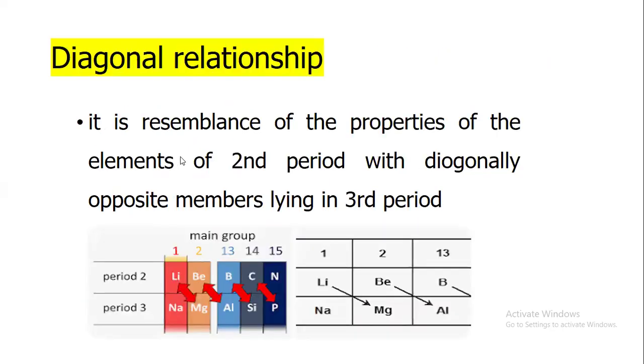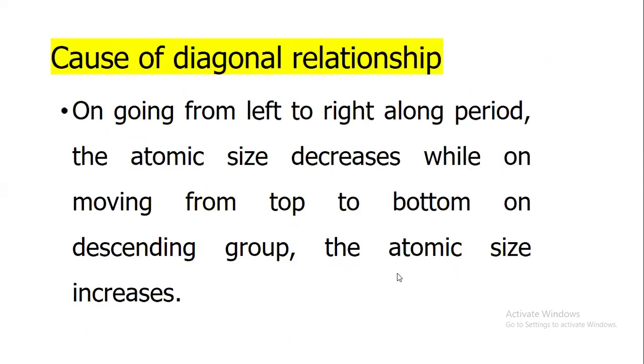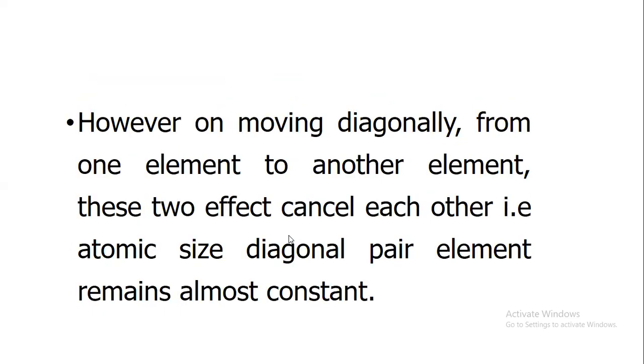Diagonal relationship: it is the resemblance of properties of elements of the second period with the diagonally opposite members of the third period. See lithium and magnesium, beryllium and aluminum. Cause of the diagonal relationship: on going from left to right along a period, atomic size decreases, while moving from top to bottom down a group, atomic size increases.